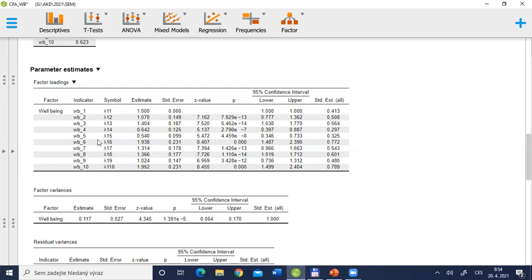The fifth item is related to well-being slightly less in comparison with the first, 0.5, and the highest relationship with the well-being latent variable among these manifest variables is present for the sixth item, and you can read the rest.